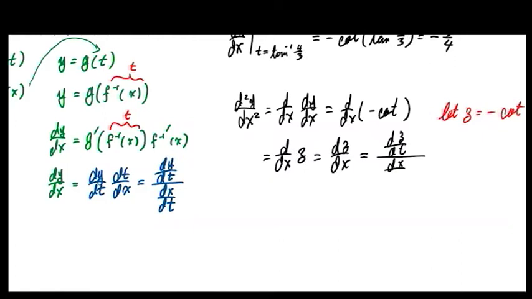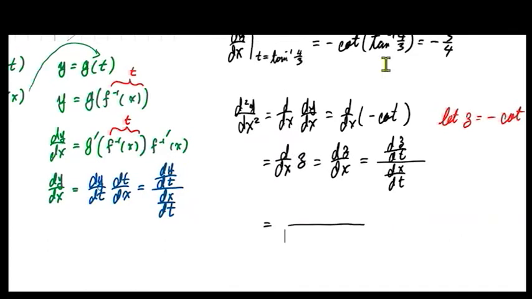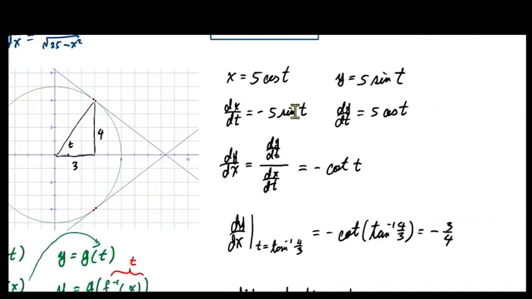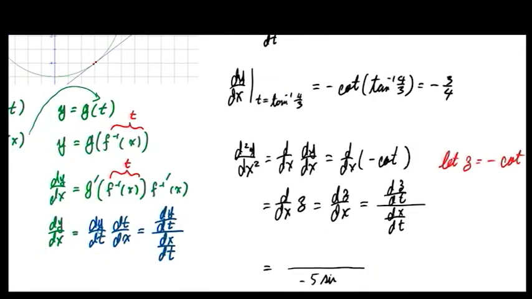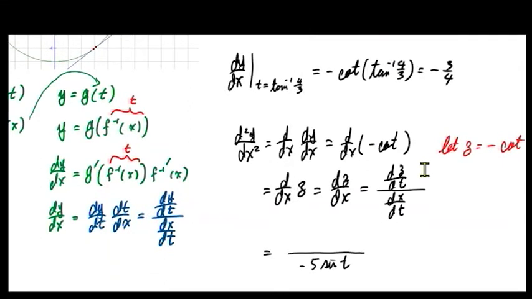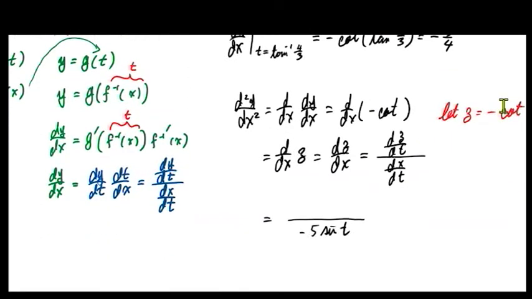Okay, dx over dt, we already figured it out, and so we don't have to really do it again. We recycle our work. Negative 5 sine t, and dz over dt. Somebody then can tell me what is the derivative of cotangent. You might have to derive this on the test by evaluating the difference quotient, you know.